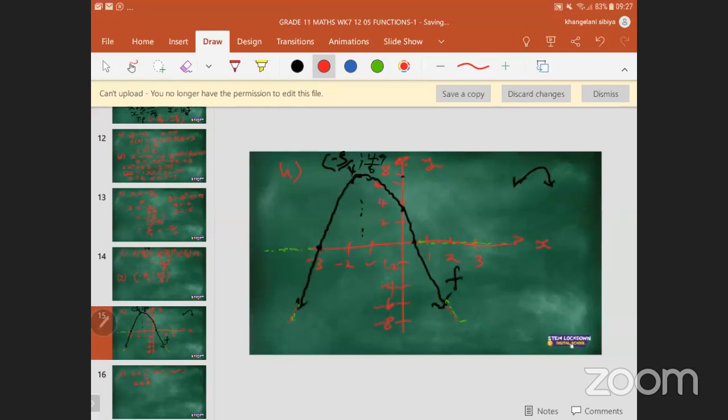Now the range, you can see that if you move from here going up like this, there is a turning point there, which is our Y, which is 49/8. So this one can move from negative infinity, but then cannot go to positive infinity because there is that turning point there.